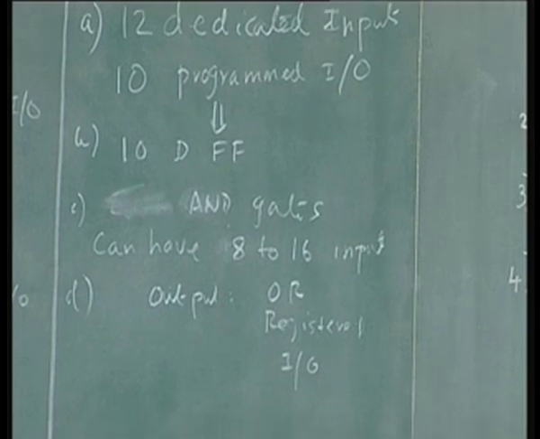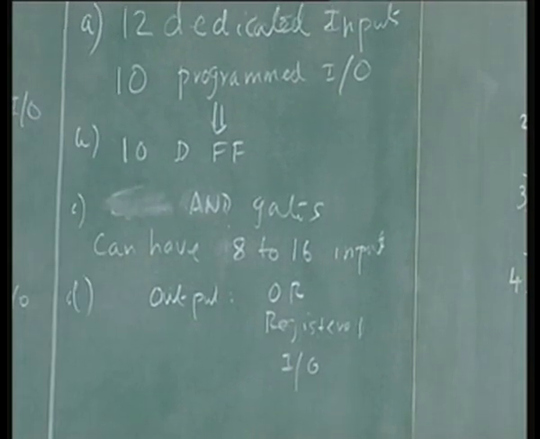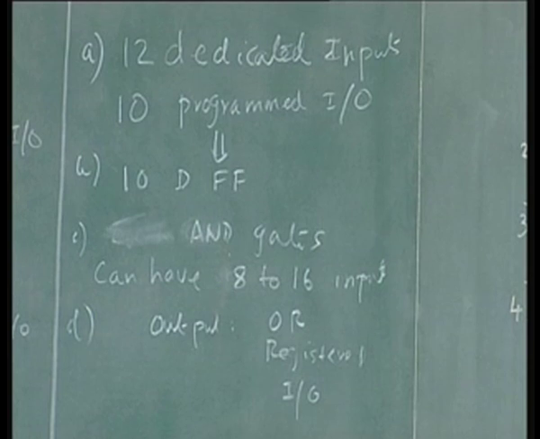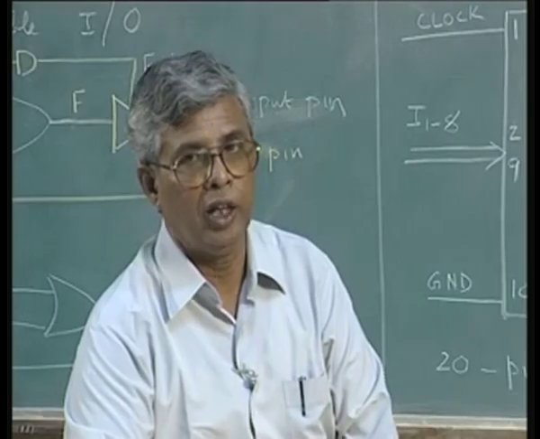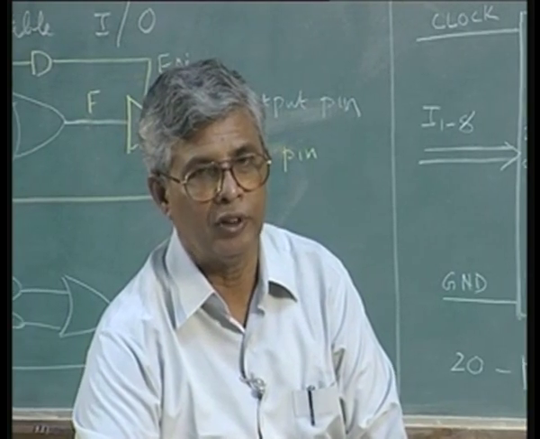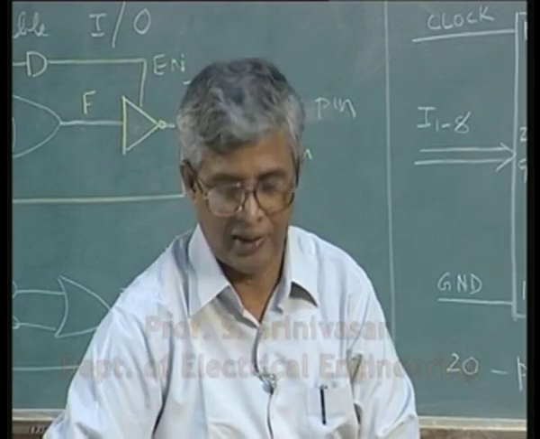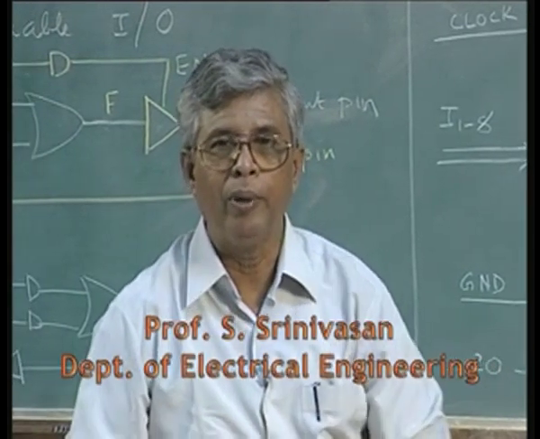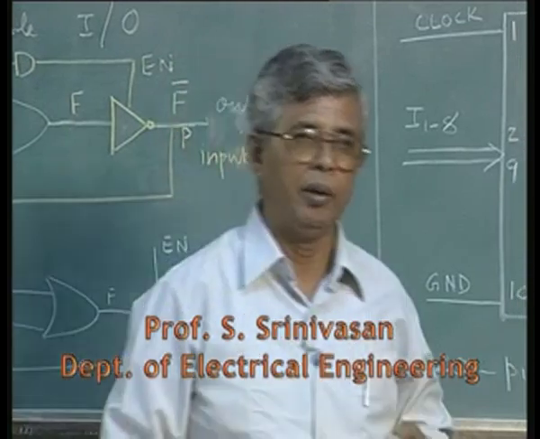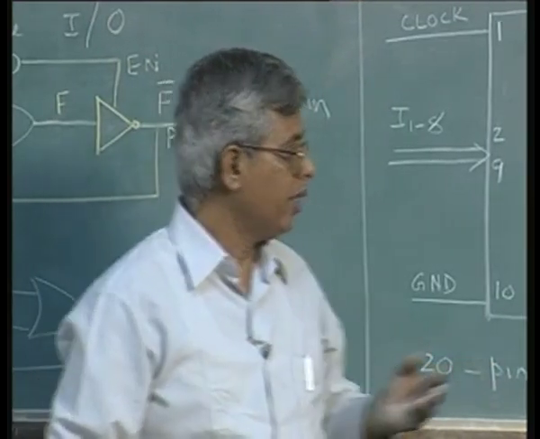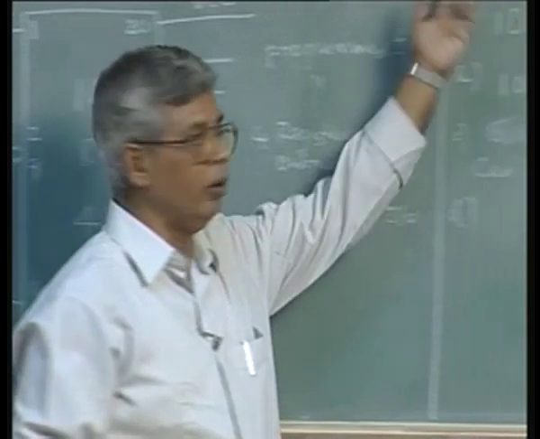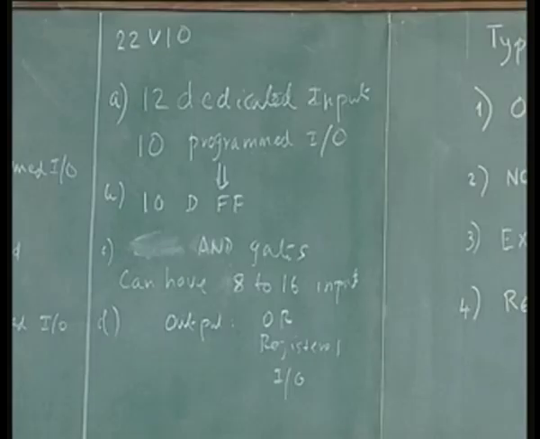I am not going to talk further about this. You can look up in any standard textbook or in any manual which lists the programmable logic. There are lots of manuals for programmable logic devices. Today you can go to the web and search for this. All the major manufacturers have websites in which they give the parts manufactured by them. Look up under 22V10 and find out these features further.